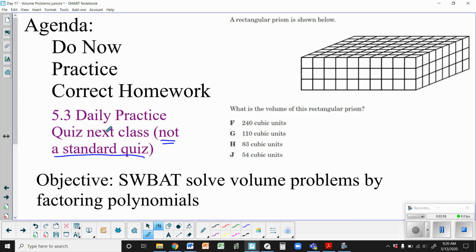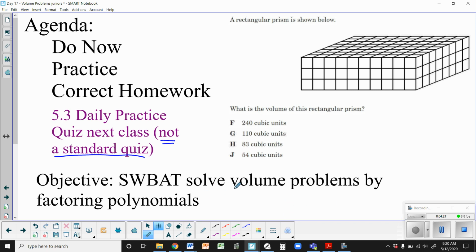So today will be our last lesson, and then we'll be doing that on Thursday and Friday. All right, so our objective, students will be able to solve volume problems by factoring polynomials.